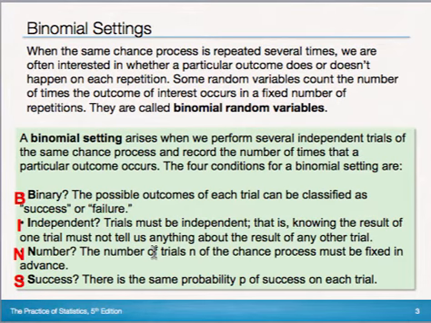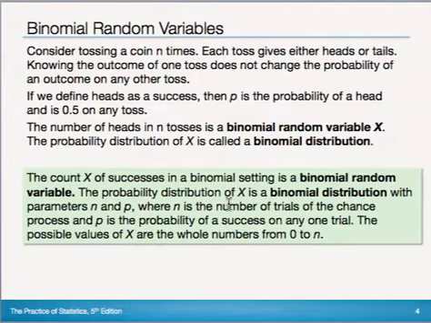The number of trials has to be fixed. It can't be some unknown number of trials. It has to be, for example, what's the probability that we'll get 10 heads when we flip 20 coins? So the 20 is the number of trials. And then the success probability has to remain the same throughout the set of trials.